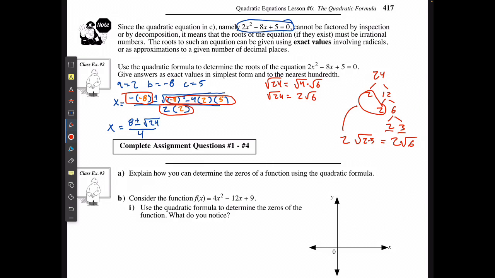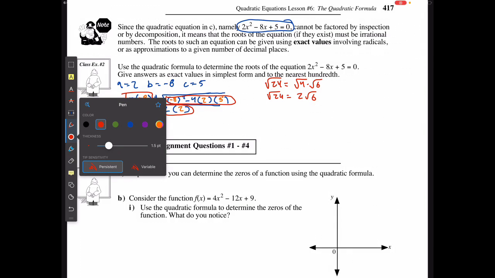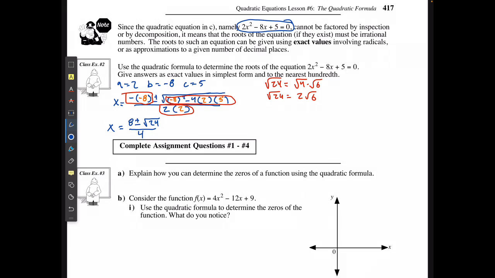Either way, I get the same answer. So no matter which method I'm using, I'm still going to simplify this and state that this would be the same as 8 plus or minus 2 root 6 over 4.